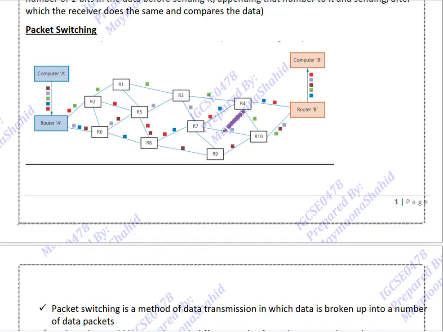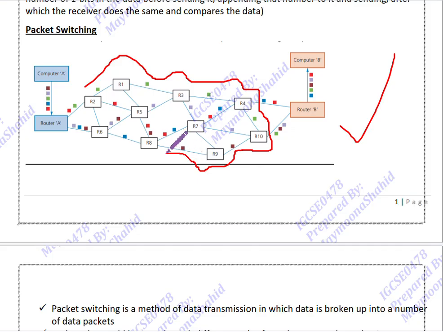When we talk about packet switching, here the diagram is shown, and you can see that many blocks are given. These are not blocks, these are basically routers. We know a router is a device which allows you to forward the data to its destination.